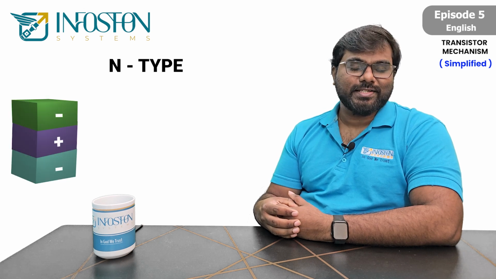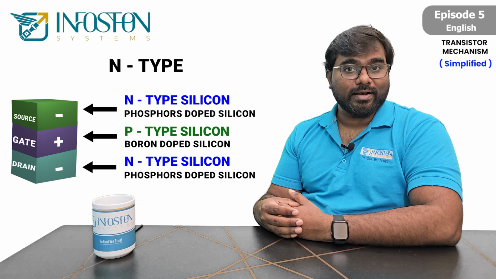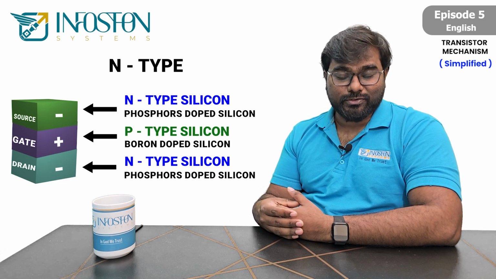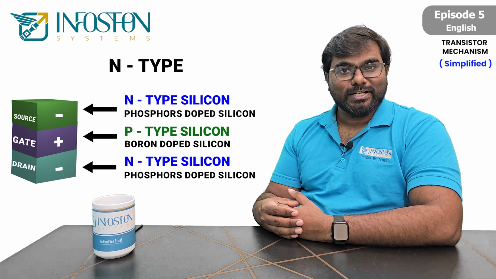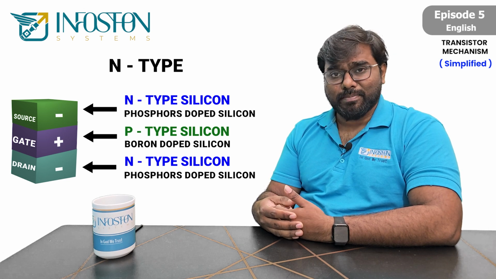So for the N-type transistor, source and drain use phosphorus doped silicon because we need the silicon to carry the negative charge. The gate is doped with boron because it has to carry the positive charge.